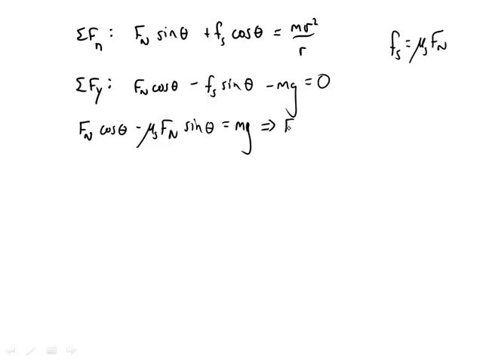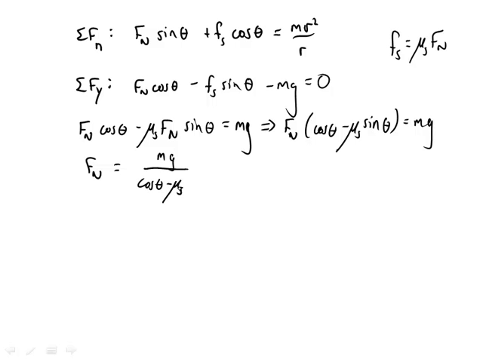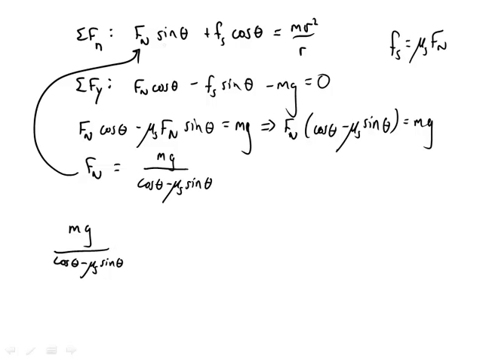Or I can write it this way, Fn times the cosine of theta minus mu static times the sine of theta equals mg, or Fn equals mg over cosine theta minus mu sub s sine theta. And then I'm going to substitute this normal force into the equation in the normal direction. So I'm going to get mg over cosine theta minus mu static sine theta times the sine of theta plus Fs, but Fs is mu s times the normal force.